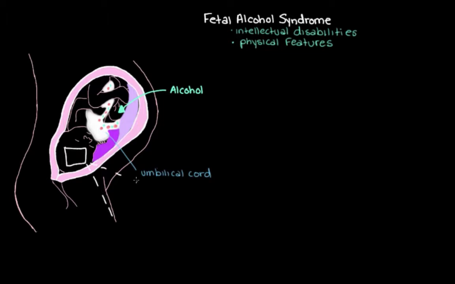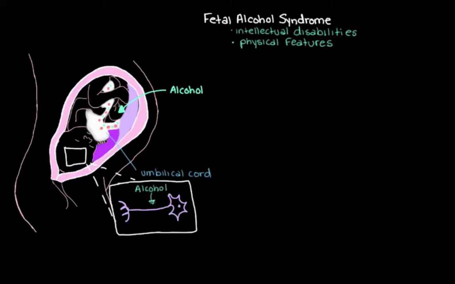So we know that the neurons in the brain of the developing fetus are really, really sensitive. These neurons are really young. They're really easily damaged. And we know that alcohol can actually destroy these neurons as they're trying to grow and build their complex networks with the other neurons in the brain.